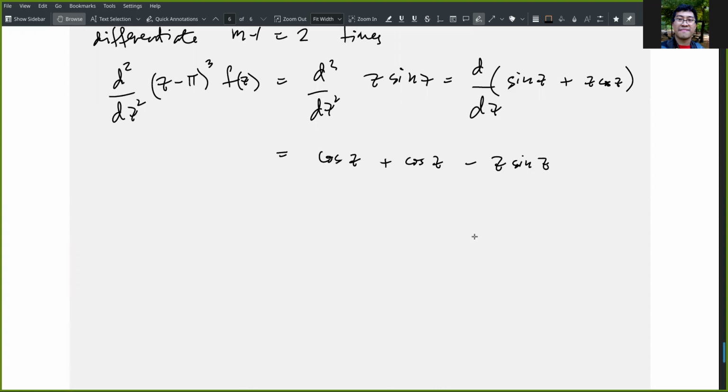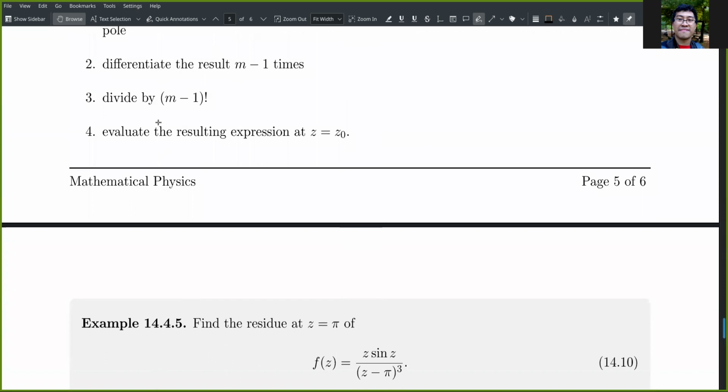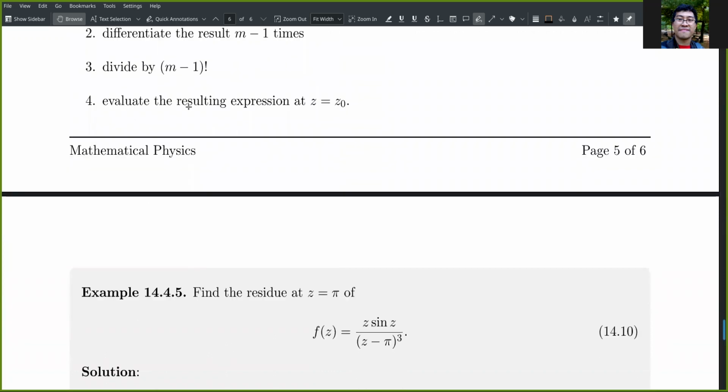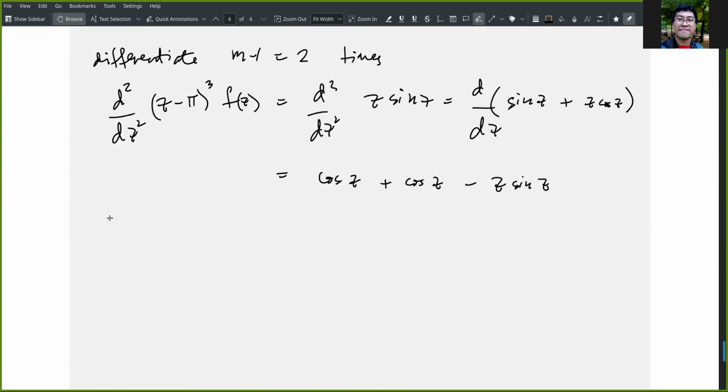The next step, after differentiating, is to divide by (m minus 1) factorial and evaluate the resulting expression at z equals z naught. So divide by (m minus 1) factorial.